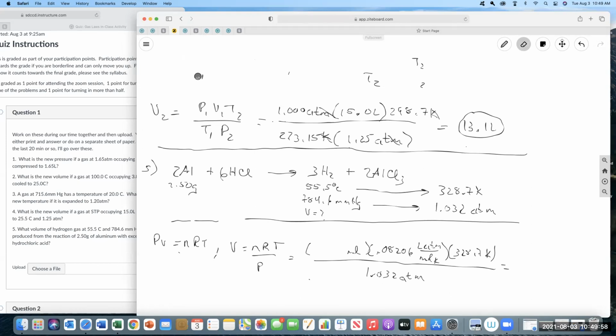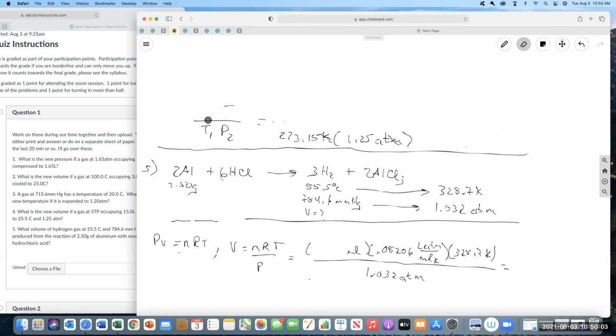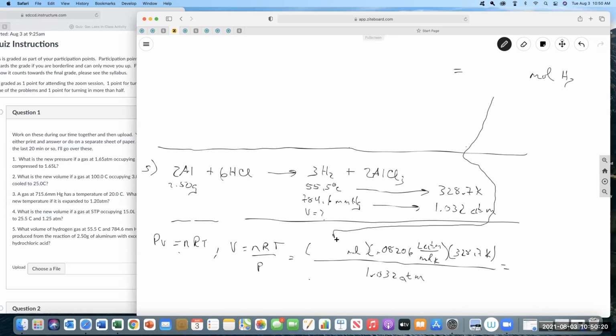How are we going to get the number of moles of hydrogen? We don't have the mass. We don't have a molarity and a volume. But what we do have is a balanced chemical equation. So I want to get moles of hydrogen from my stoichiometry, and that number will go right there.